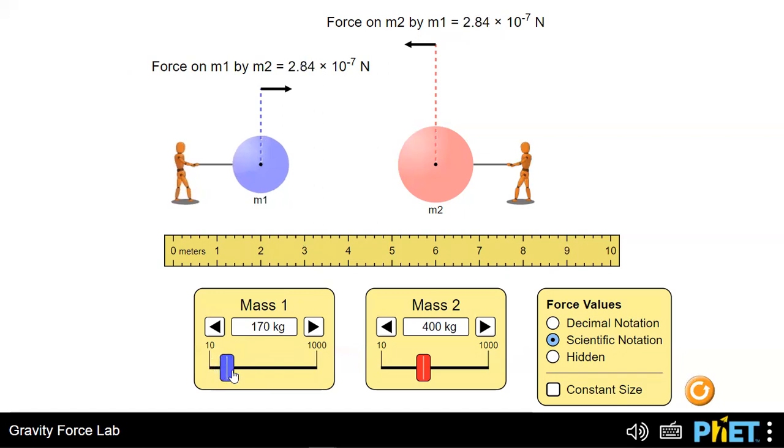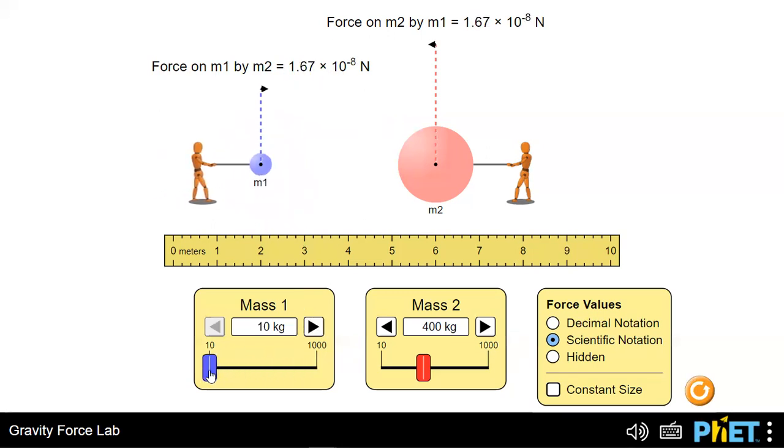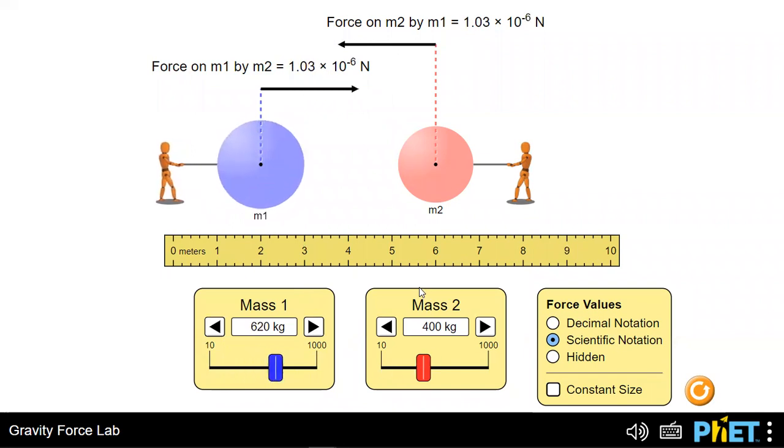We can make it bigger. You can notice that the vector arrow, or the force arrow here, is changing as well. For mass 2, we can also change the value of the mass.